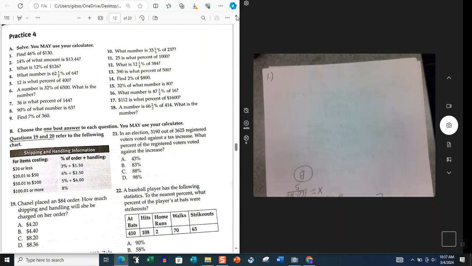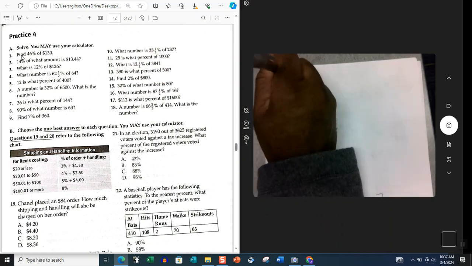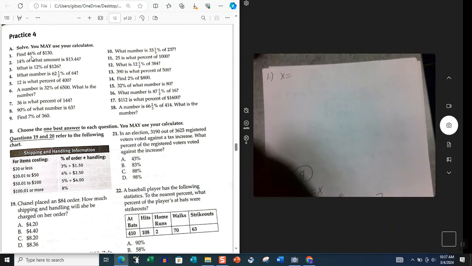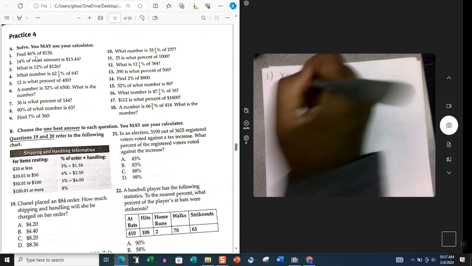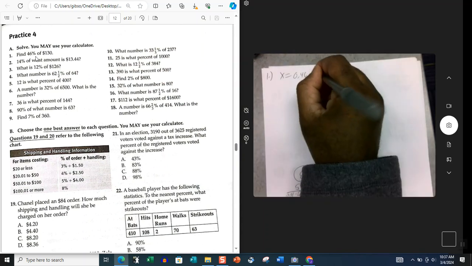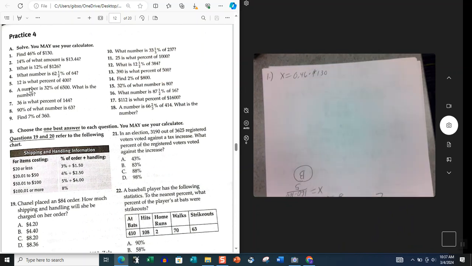It says find 46% of 130. So the word find is x equals. 46% would be 0.46. Of is multiplication, and $130 is $130.